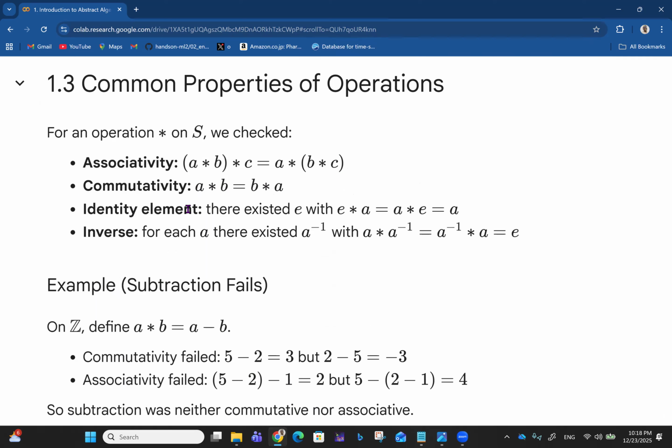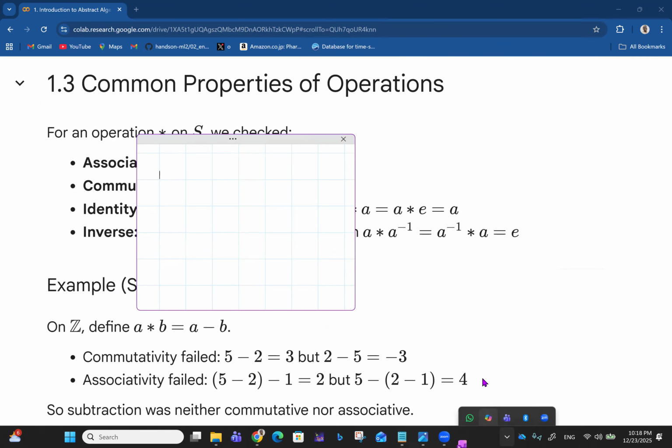Then you have identity elements. For an identity element, there exists a particular E such that A star E is equal to A. A very good example of this is of course addition and multiplication. Okay, I guess I should begin to write here. So we're talking about the identity element, right?